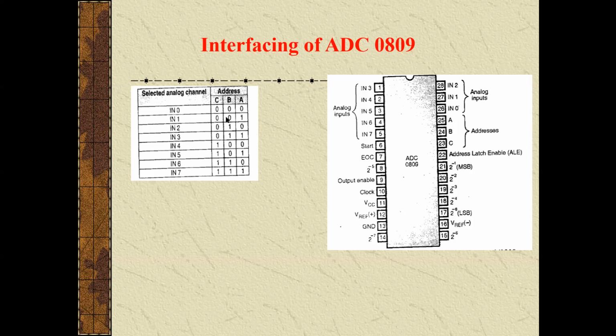And the analog signal at this input is converted into equivalent digital form. So according to the configuration of the data on these pins, the particular input pin is selected and finally the analog signal will be converted into digital form.